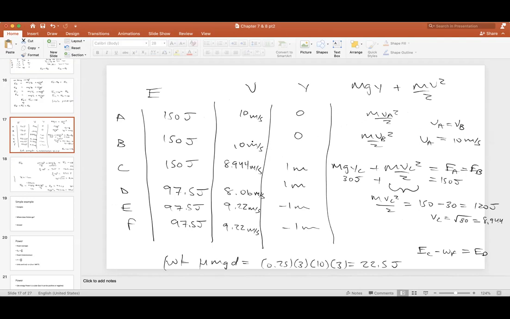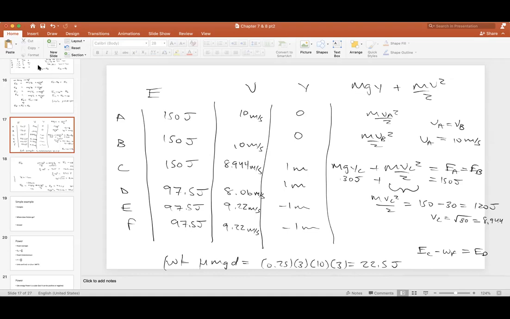And so we see a reduction in velocity. mgy here is 30 joules. 30 joules of this 150 joules of energy that the particle has becomes potential energy of gravity. It's stored in gravity. And so it slows down as it goes up to the top of the hill.